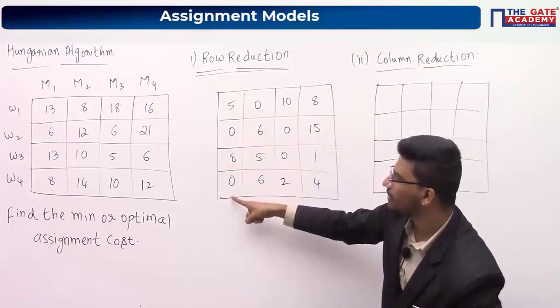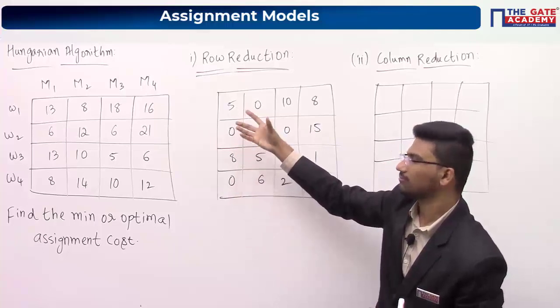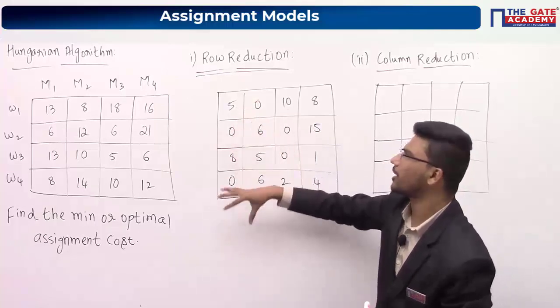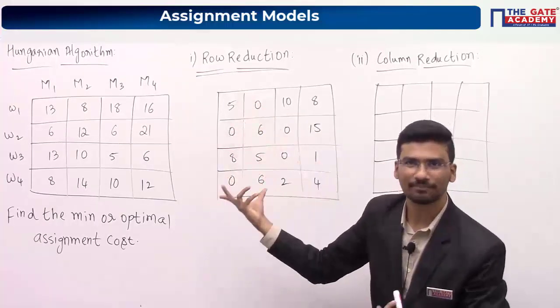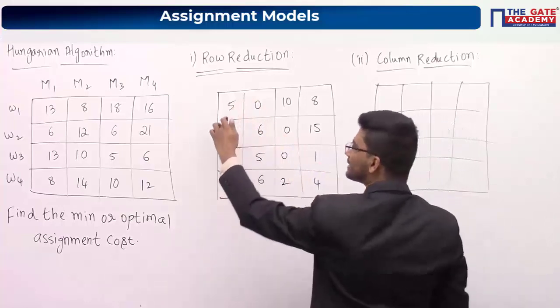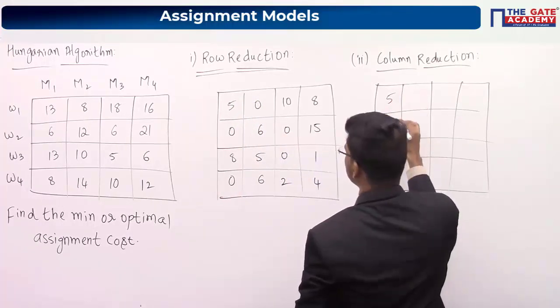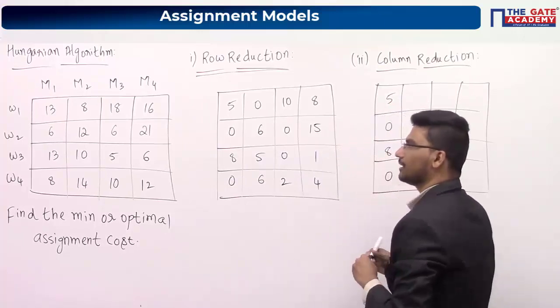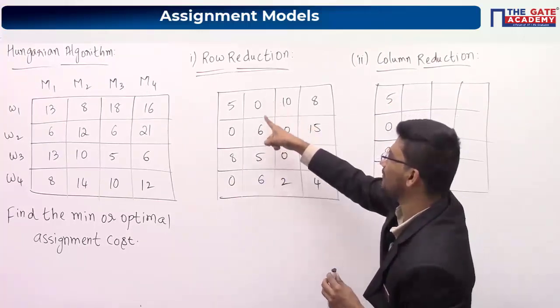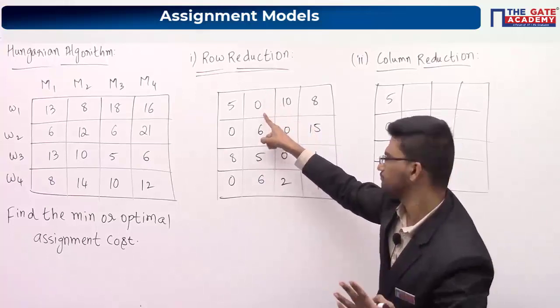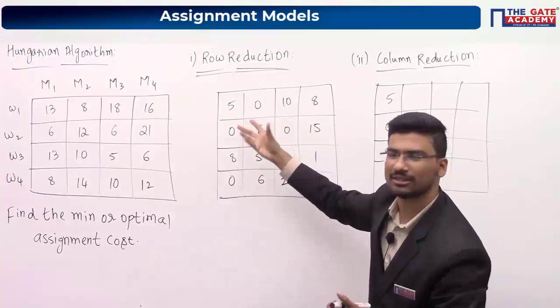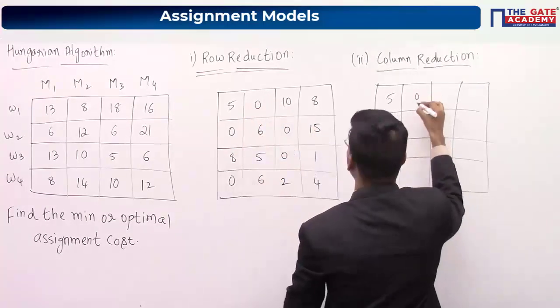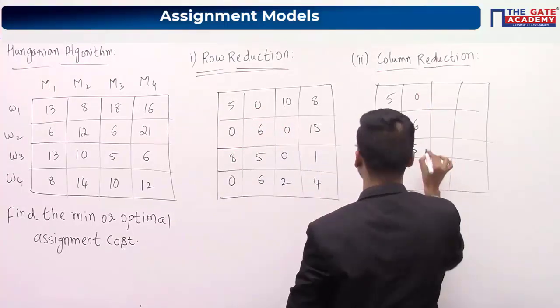Here, what is the minimum element? 0. So if you are subtracting 0 from all other elements, there is no change in the column, right? So you can write this particular column as it is, 5 0 8 0. Now in this column also you are having 0, which is minimum. No need to subtract this from all other elements. You can write this column also as it is.